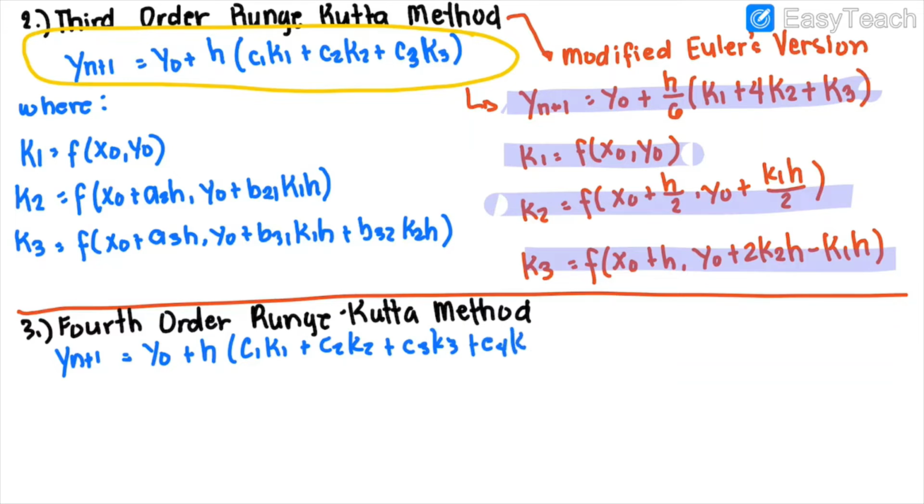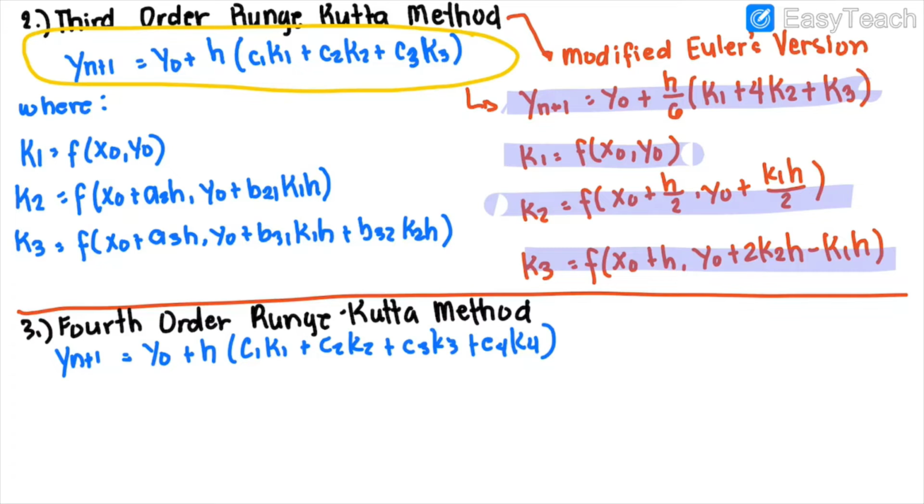c4 k4. So basically we're adding the values for c4 and k4. But in relation to that, I forgot to say, from the third order Runge-Kutta method, the values of c1, c2, c3, a2, a3, b21, b31, and b32 are basically your 8 constants.